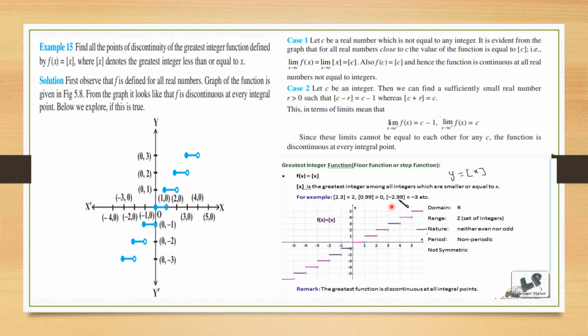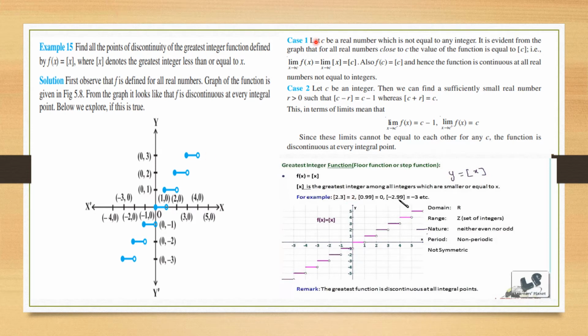But in the case of the left side, it turns out to be 1 less than the integral part. What is the integral part? -2. So 1 less than it, that means -3. So to the left, if we are evaluating at c, this function behaves as c minus 1. And for the right side, if we are evaluating at c, it turns out to be c itself.